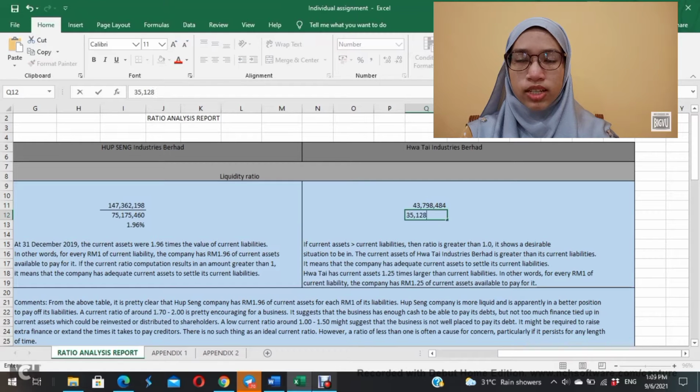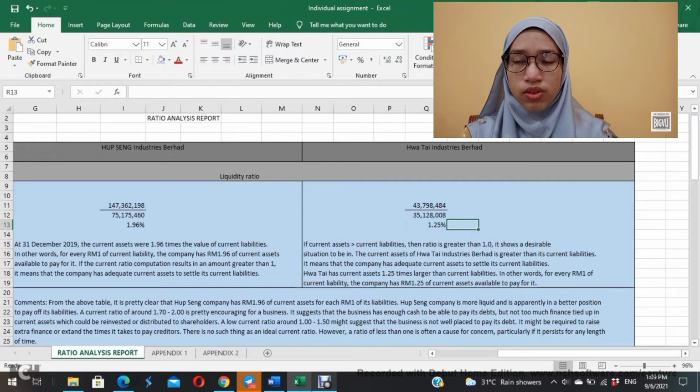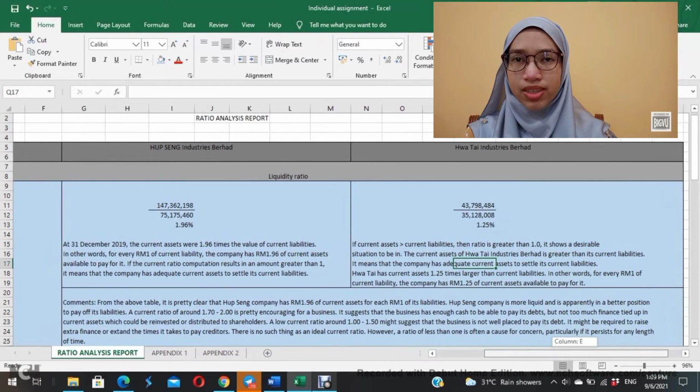The amount we get is 1.25 for the current ratio. This means for every 1 ringgit of current liability, the company has 1 ringgit 25 cent of current asset to pay for it. It is pretty clear that Hapseng is more liquid and is apparently in a better position to pay off its liabilities.